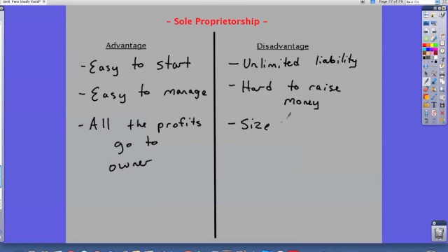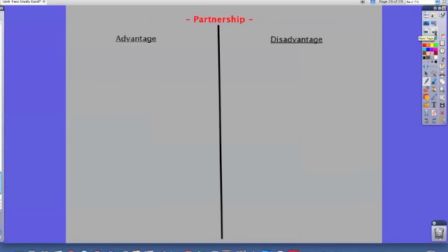So it's unlimited liability. Also, it's hard to raise money. Really, the only person contributing money is you, the owner. Also, since it's so small, that can be a negative because it's hard to reach out to people, get people to purchase your items, come in your store, buy your baked goods if that's what you're making.